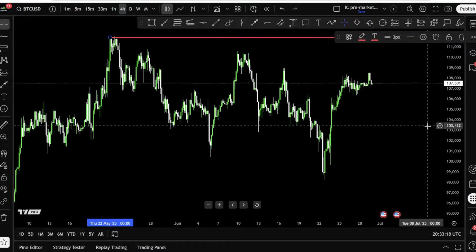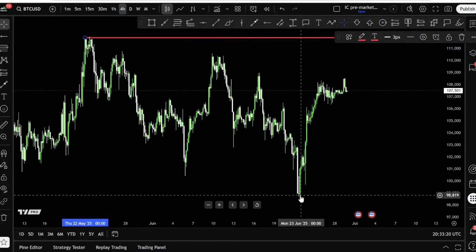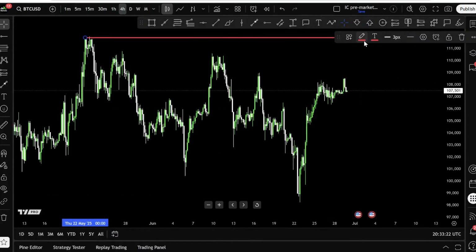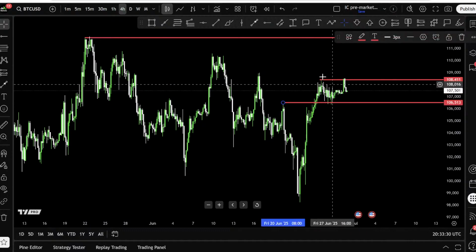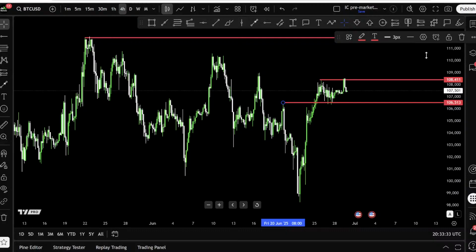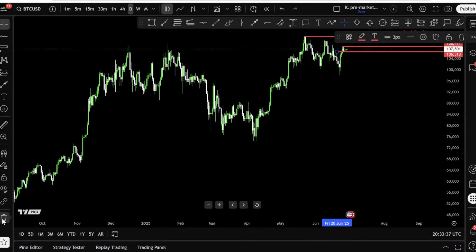Okay, pretty bullish. Recently over here, it kind of looks like prices are moving sideways between these two lines here. But anyway, let's look at our daily time frame.